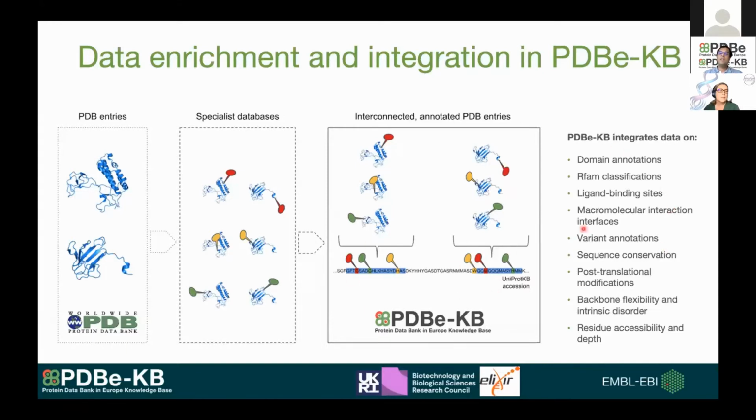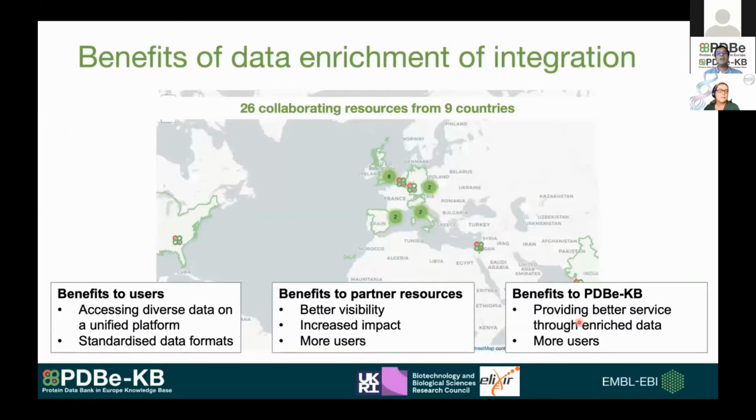There are various types of annotations that are integrated in PDBe knowledge base. So how does this benefit, for example, PDBe-KB itself? We can provide better service to our users through this enriched data. The partner resources also benefit because they get better visibility. There is increased impact of their work and the annotations that they provide, and they reach many more users.